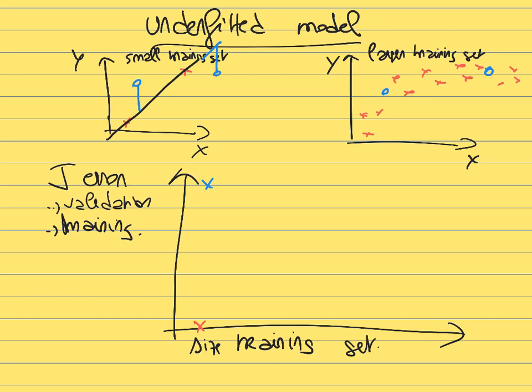Then if we look at the case of a large training set, remember that it's an underfitted model. So your underfitted model is going to be too simple. If you fit those data by, for example, a straight line, which would be an example of an underfitted model, what you will see is that the error for the training set is still going to remain pretty high.